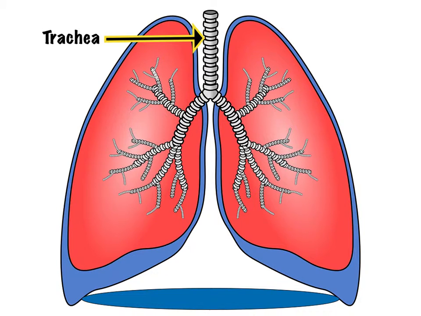First, we have the trachea, which is commonly referred to as our windpipe. The C rings that make up the trachea help provide support so it is able to act as a passageway for air to flow to and from our lungs.